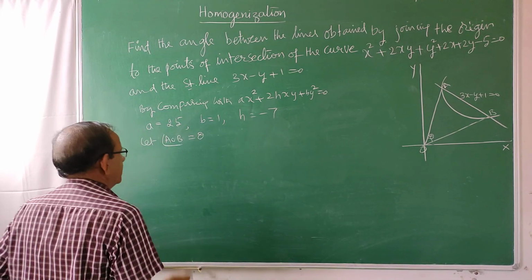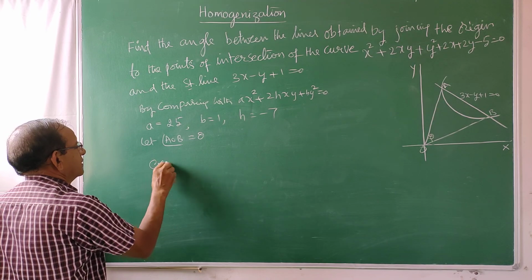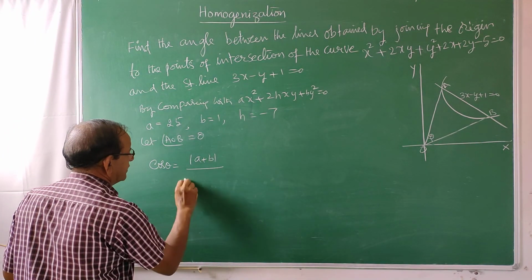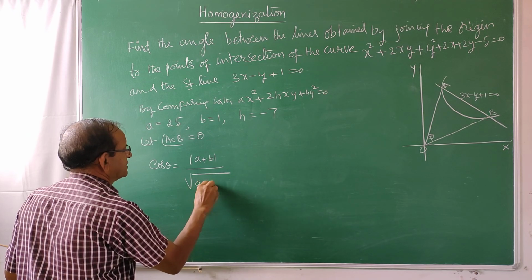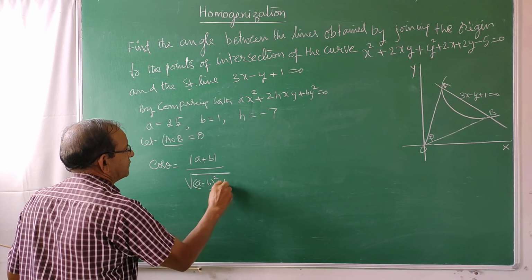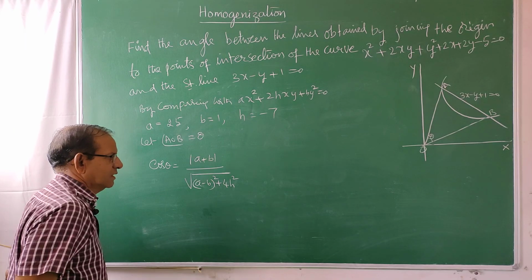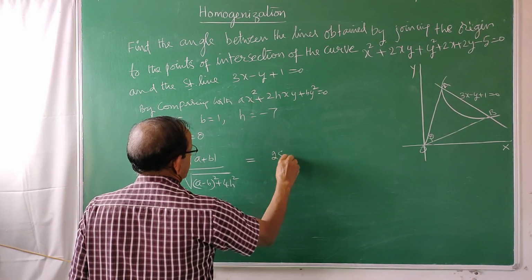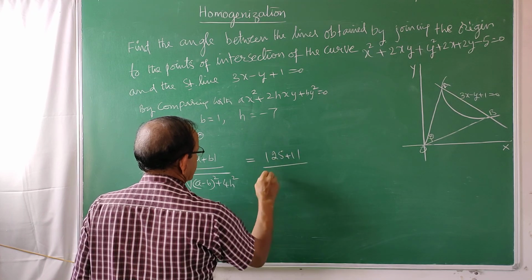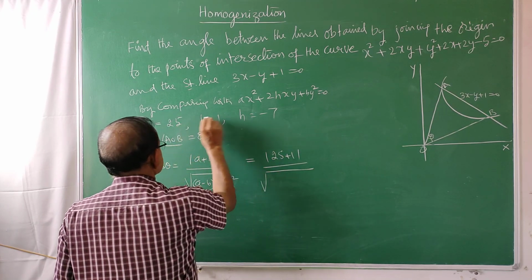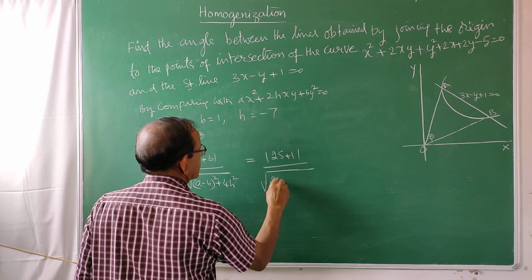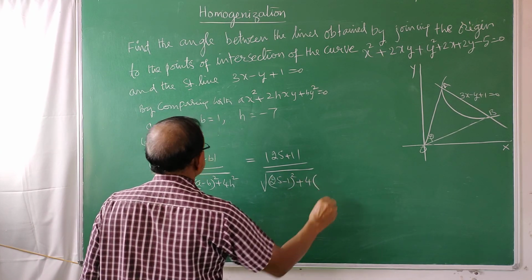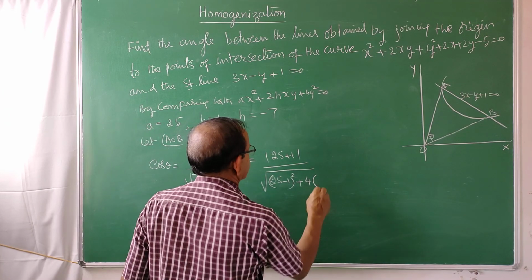Now we have to find out the cos theta value. The cos theta formula is modulus of a plus b by square root of a minus b whole square plus 4h square. You write the values. a plus b means 25 plus 1, by root of 25 minus 1 whole square plus 4 into h square. h square is 49.